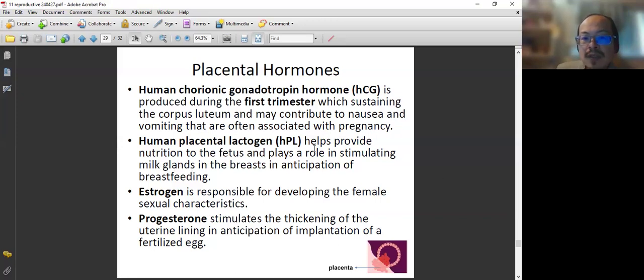But this is also the reason that we have gestational diabetes, where the mother has high blood glucose, hyperglycemia, because the hormone tends to increase glucose level in order to sustain embryo development. So that's here. Another picture shows you the placenta.